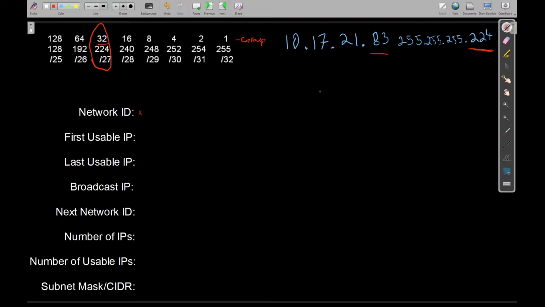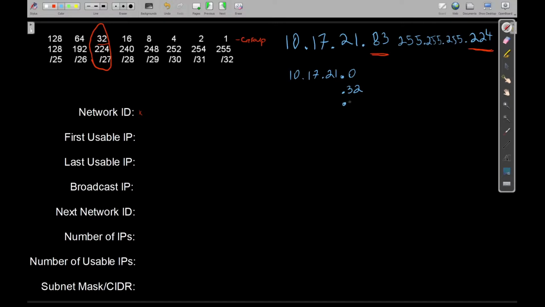So to figure out what the network address of this IP address is, we just get the IP address. We change this last octet to a 0. Now we'll go up by 32 because that's how many IP addresses are in each one. Since we're starting at 0, 32 IP addresses away from that would be 32. Or it would be 31, and the next network is 32.